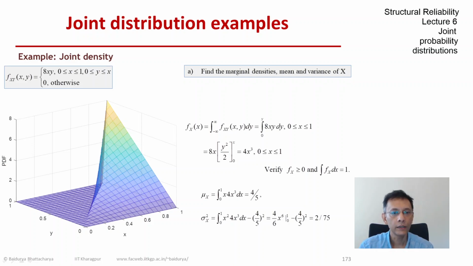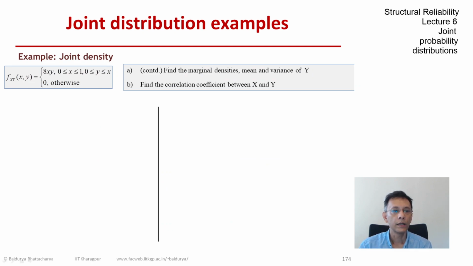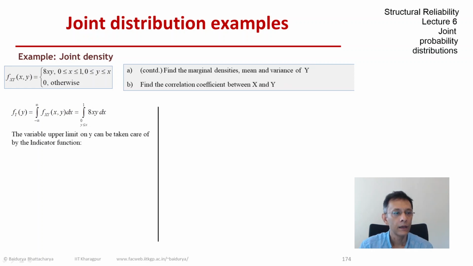Let's move on to parts B and C. Well, we need to do one more thing in part A. We need to find the marginal density of y and its mean and its variance. So we proceed similarly, but here there is a little bit more complication because of again the limits on y in which the density is defined.